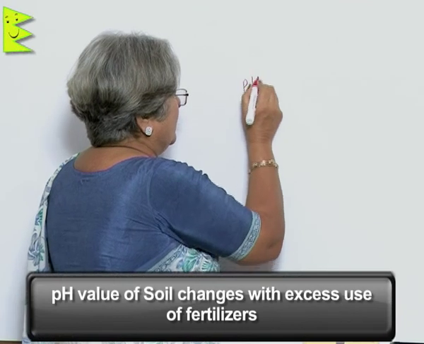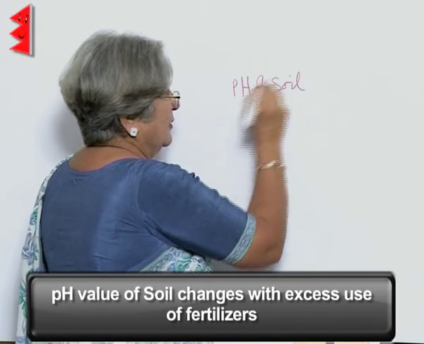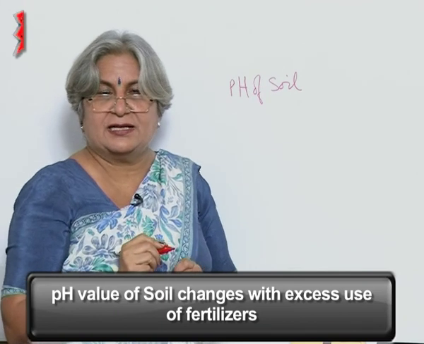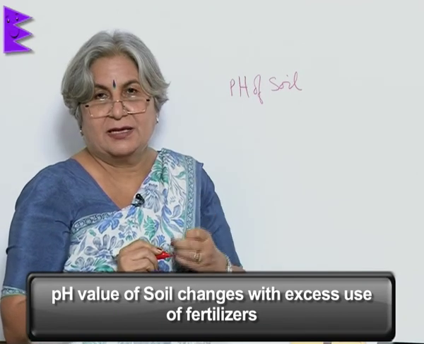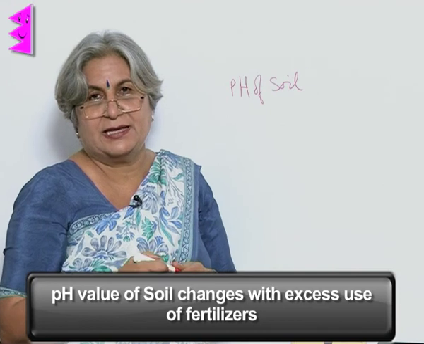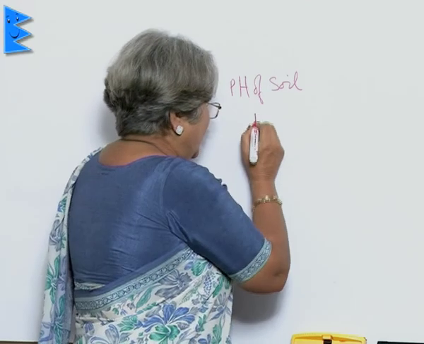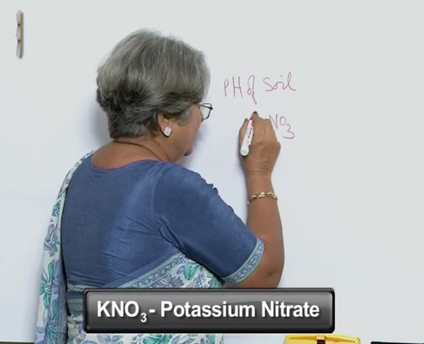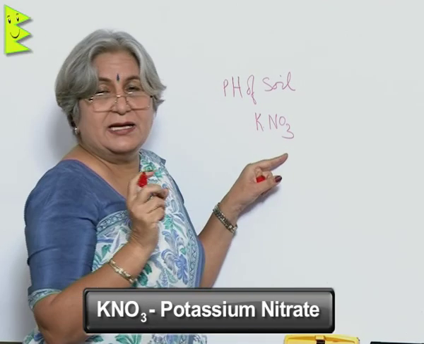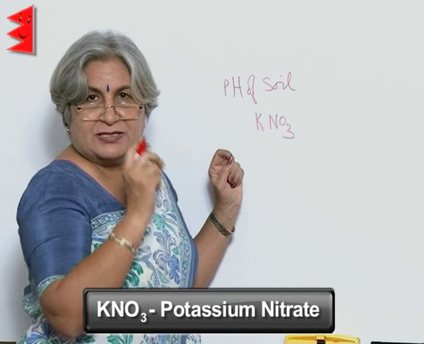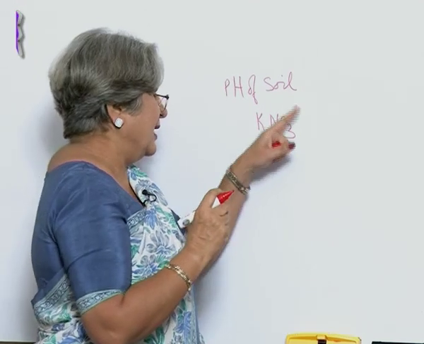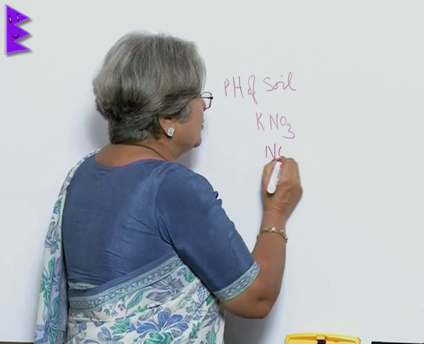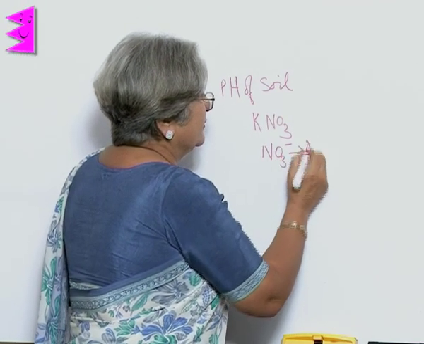In agriculture, the pH value of soil is very important. Due to the excessive usage of fertilizers, the pH value changes, and as a result the soil can become acidic or basic. If the fertilizer used is say sodium nitrate or potassium nitrate and the soil needed potassium, it was deficient in potassium, then the nitrate ion is left in the soil and so the soil turns acidic.